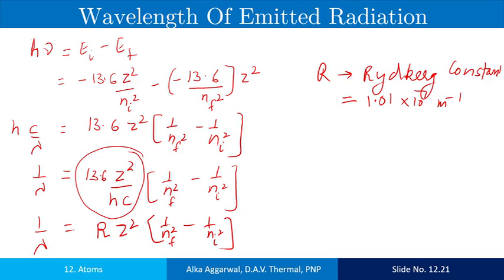The reciprocal of the wavelength is called the wave number, and it is equal to R Z square into 1 upon nf square minus 1 upon ni square.